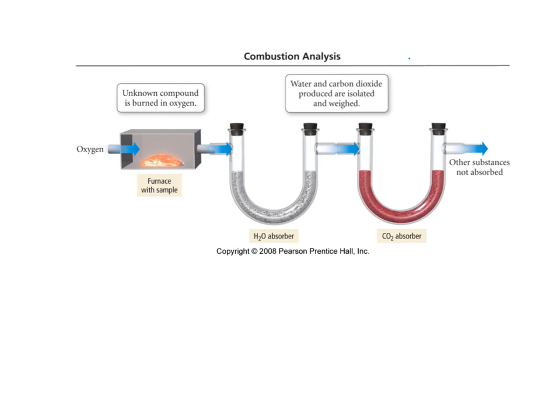And we want to figure out how much carbon, hydrogen, and oxygen it has in it. This is kind of a bare bones method. It's more sophisticated today, but this is the basic process that's going on in order to determine the amount of carbon, hydrogen, and oxygen in a substance.